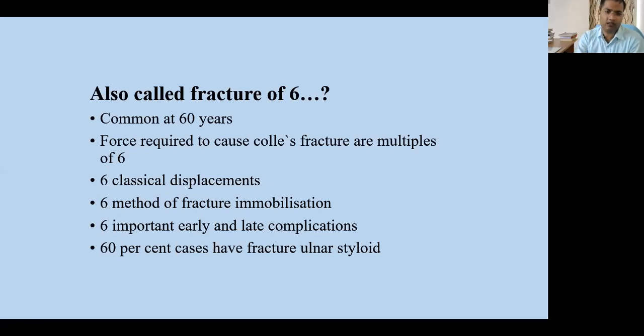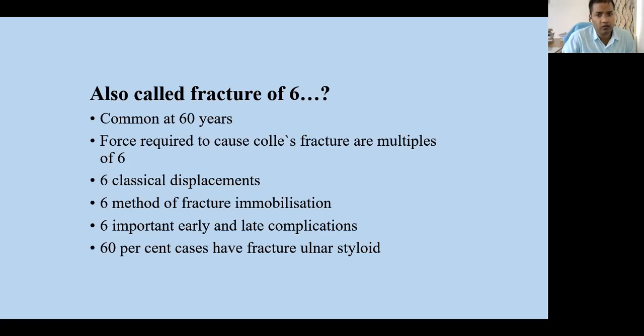It is also called the fracture of 6. That's just a mnemonic to help you remember the characteristics of Colles' fracture. It commonly occurs at 60 years, meaning in old age. Due to osteoporosis, the bone becomes weak and the corticocancellous junction becomes weak.